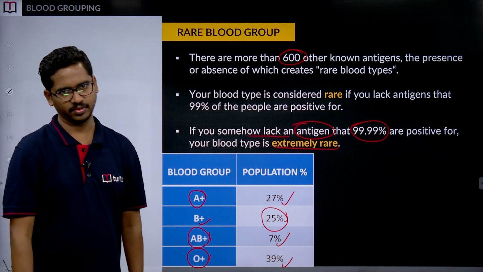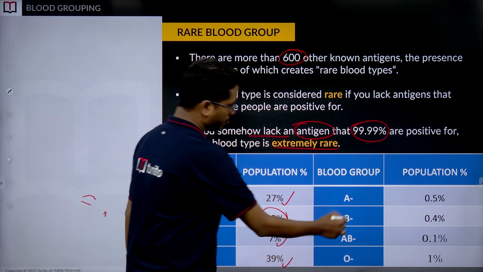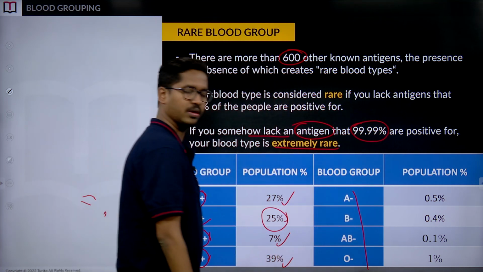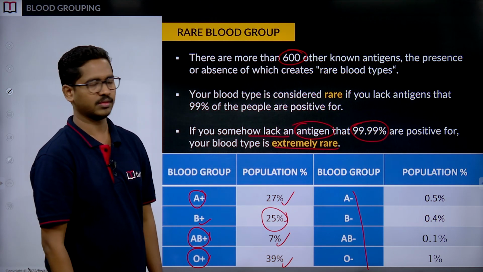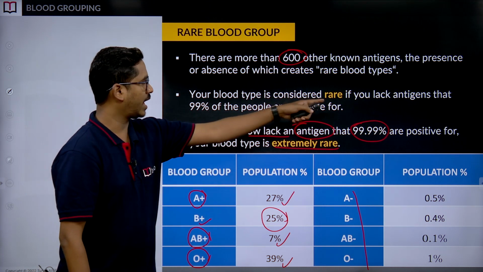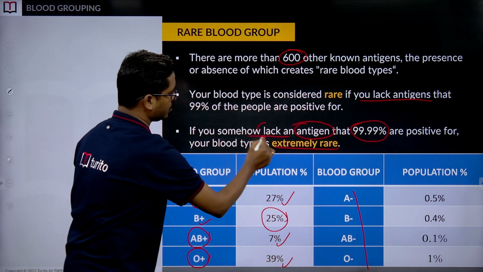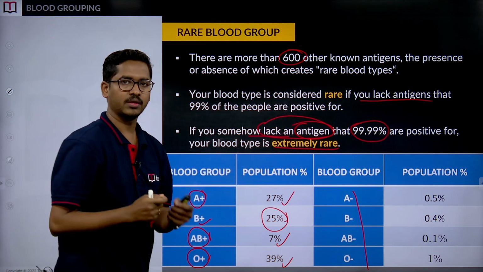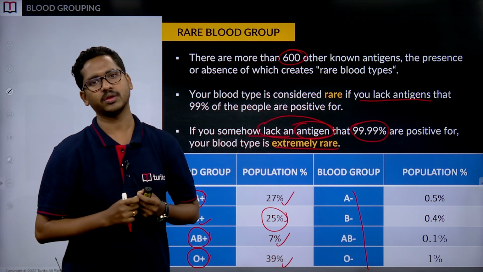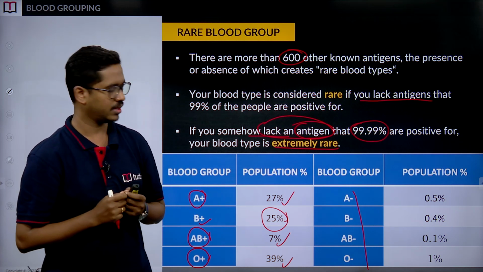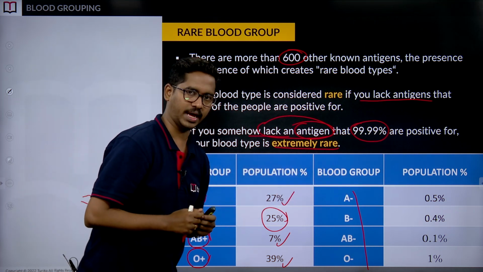When it comes to blood group with negative, that means no antigens. So, you remember this, you lack antigen, again here somehow you lack one particular antigen. So, there is no antigen on the surface of your RBC, that is what is making you very rare.